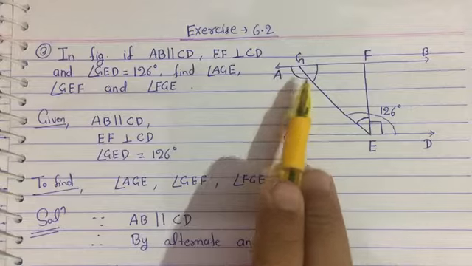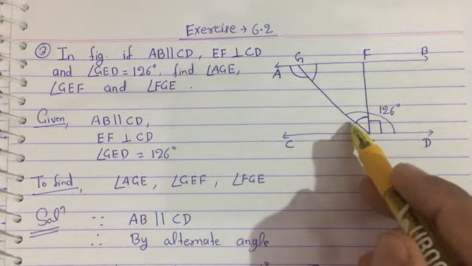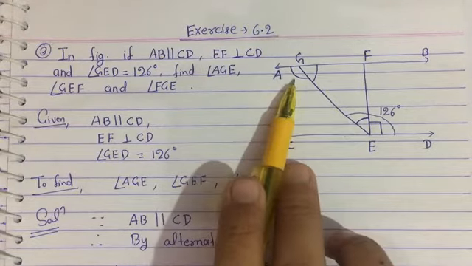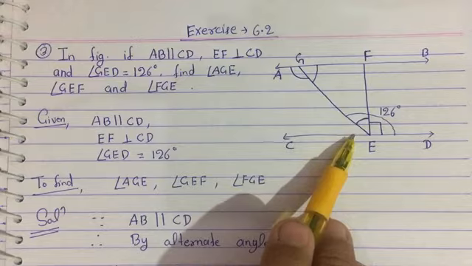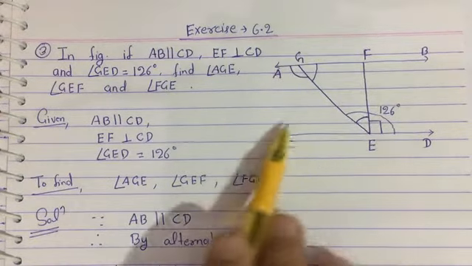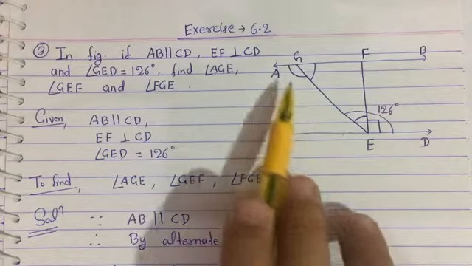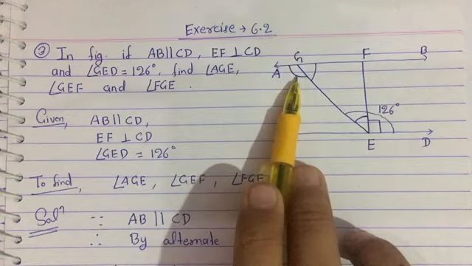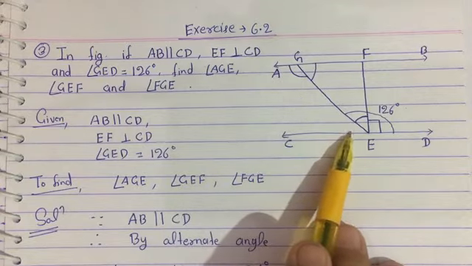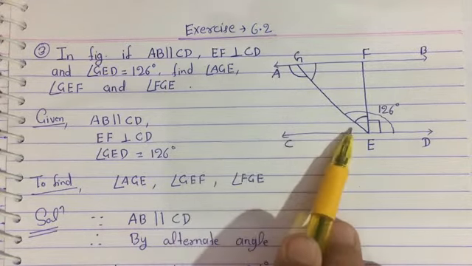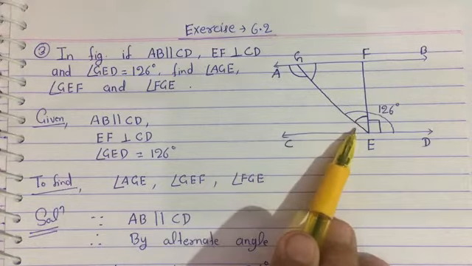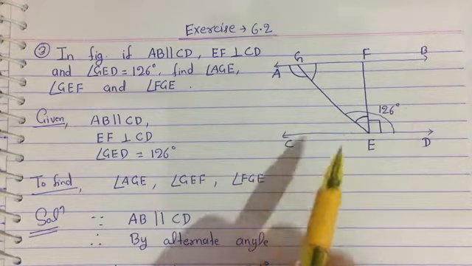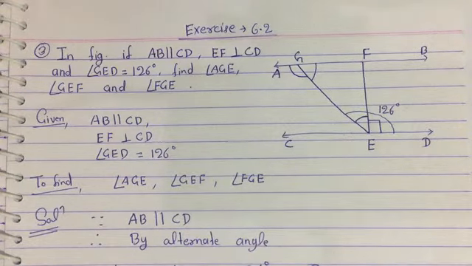This angle and this angle form co-interior angles, because these two lines are parallel, this is the transversal, and these two angles are on the same side. So these are co-interior angles, and the sum of these two angles is 180 degrees. But we don't know this angle, so the relation between these two is also not fruitful for us.